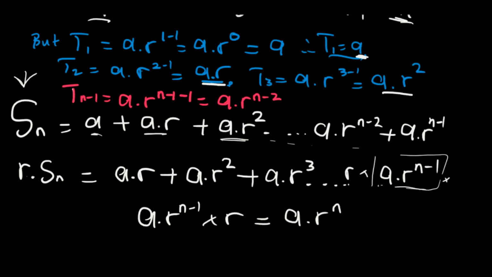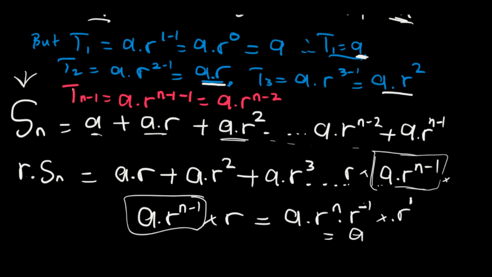Because this is r to the power of n multiplied by r to the power of minus 1, which is just for this expression here, and then you multiply by r, so it's same base, you add the exponents, so this is plus, this is minus, going to be 0, and you will remain with a multiplied by r to the power of n, right?